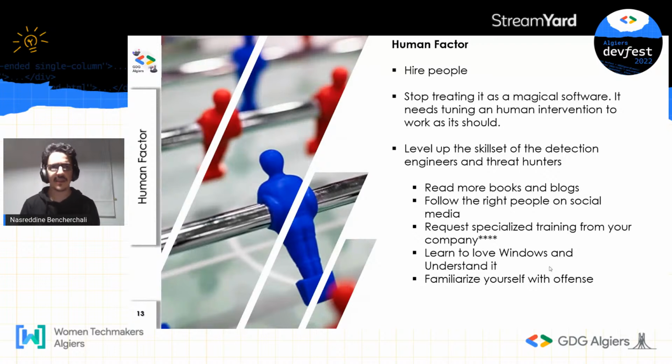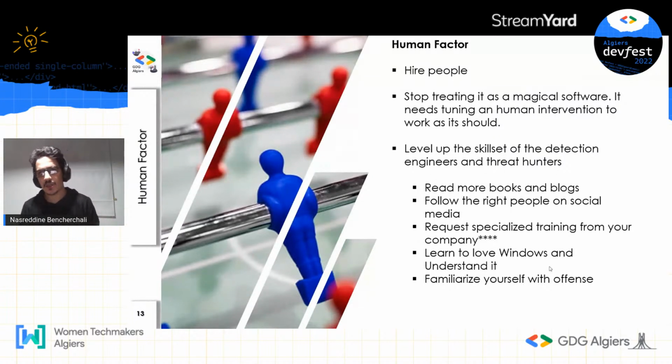And you can simply elevate your skill set by doing a lot of things, which are really basic, but really important, especially in the security field. Read more books and blogs. There is a lot of free information out there. I could name a few blogs, especially on the defensive side, that are really helpful. And I will recommend some books by the end, but I think books are really important and you should read them.